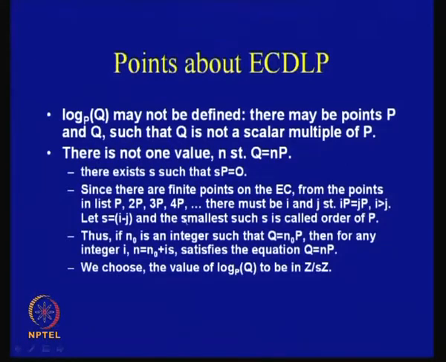Okay. Then, if n0 is an integer such that Q is equal to n0 P, suppose there is one such integer n0 for which Q equals n0 P is satisfied.